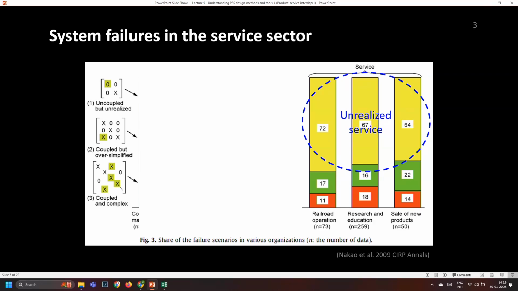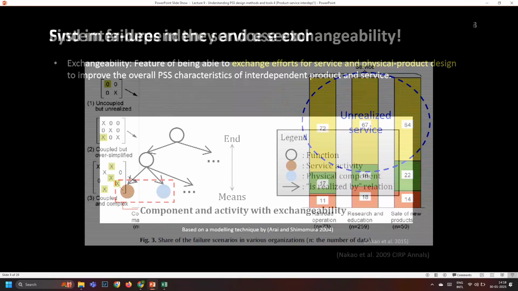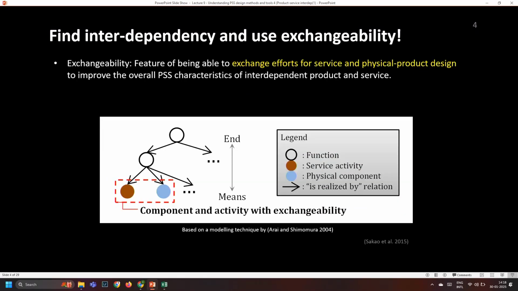So this big portion of failures indicates the importance of seeing the connections, interrelations between the product and services in a system. Okay? Did it make sense? So that was an introduction.